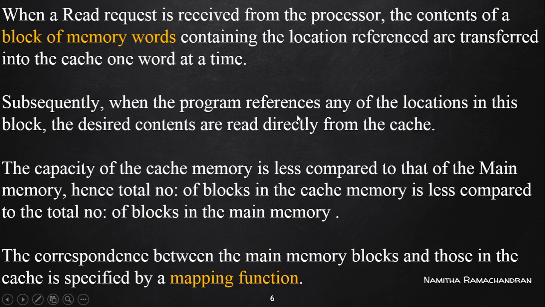Okay, and also here we have certain cache mapping functions. These cache mapping functions are actually used for mapping certain blocks from the primary memory into certain locations of our cache memory. In order to define a correspondence between a primary memory block and a cache memory block, we have a mapping function.